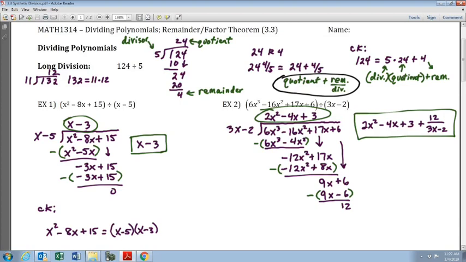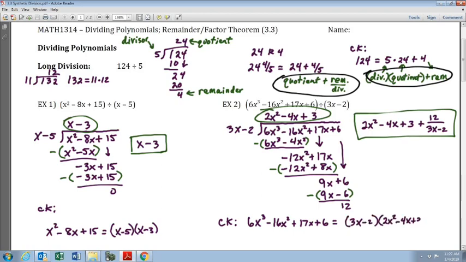And if we wanted to check this, we actually could. 6x cubed minus 16x squared plus 17x plus 6 should equal our divisor, 3x minus 2. Notice it's divisor times quotient plus remainder. So our divisor times our quotient plus the remainder. All right, let's move on to synthetic division.